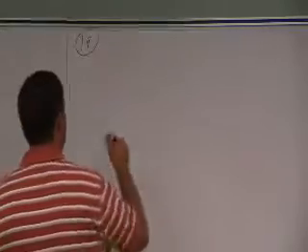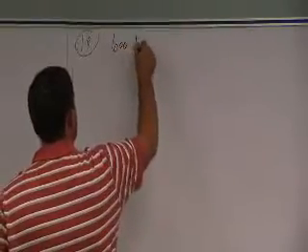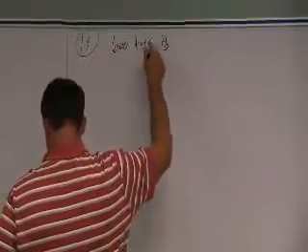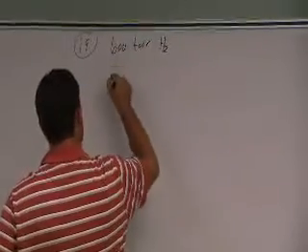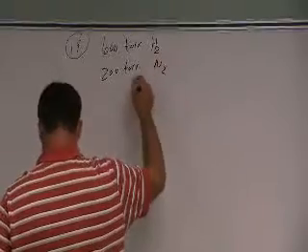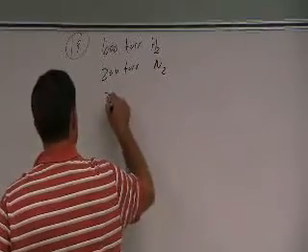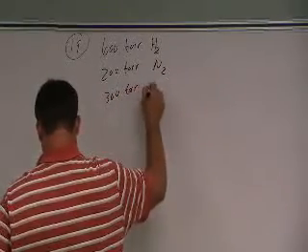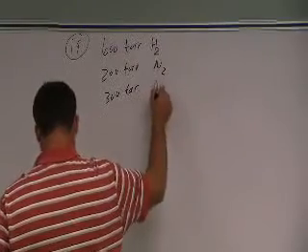Number 19. A mixture contains 600 torr of hydrogen, 200 torr of nitrogen, and 300 torr of oxygen.